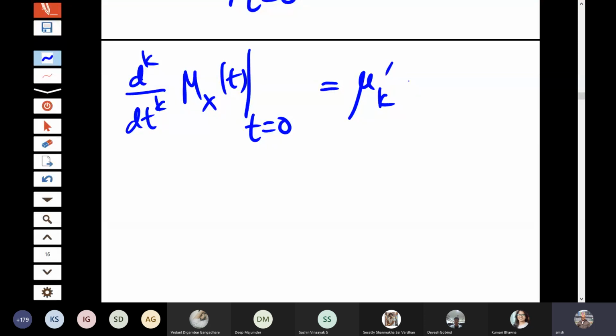Okay. So that is why the name moment generating function is apt here. And this you can check easily for any distribution that we have done here. If you do this differentiation, you can check easily whether the answer is coming or not.